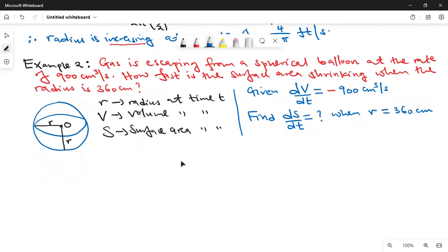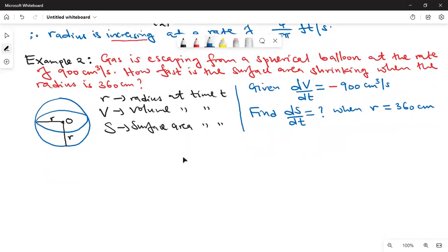We need an equation relating V, R, and S, or simply V and S. For us to get the relation between V and S, first of all, we need to know how to find the volume of a sphere and how to find the surface area of a sphere. So we start with volume.